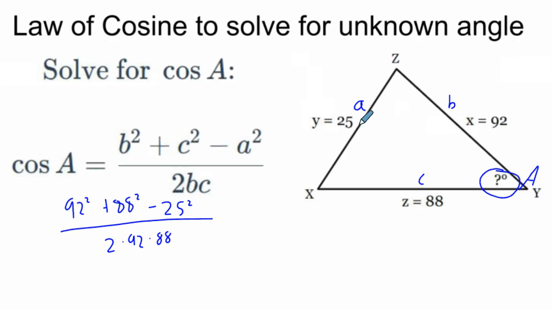So a, the side across from the angle we're solving for, is always being subtracted. So we're going to take our cosine of A. It equals that. I'm going to inverse cosine both sides. So I'm going to put inverse cosine of all this in the calculator, and I'm going to get the answer.